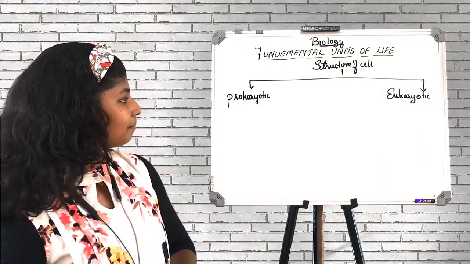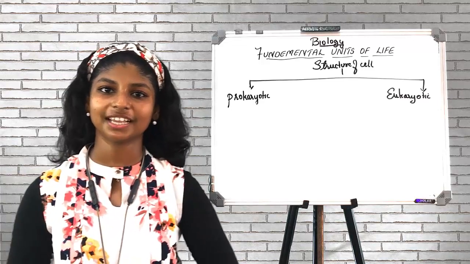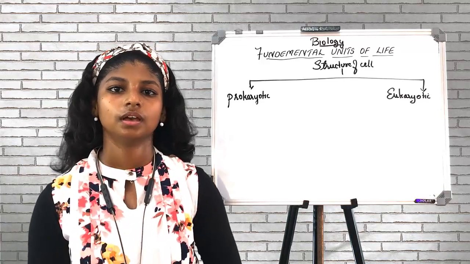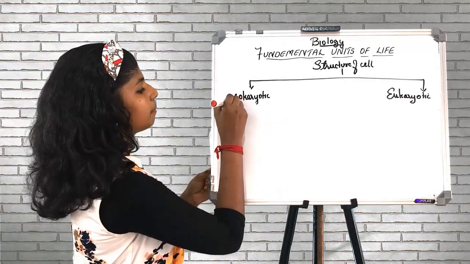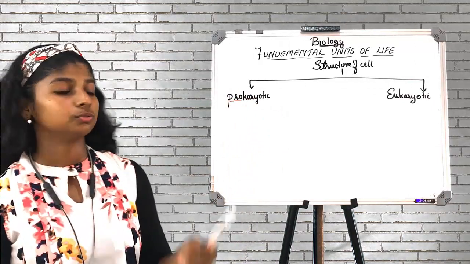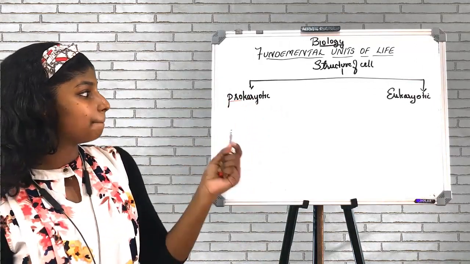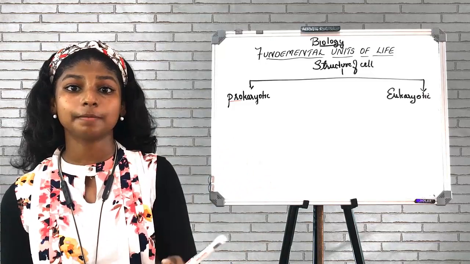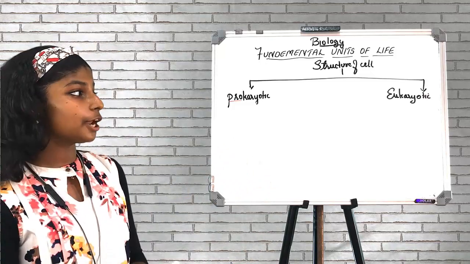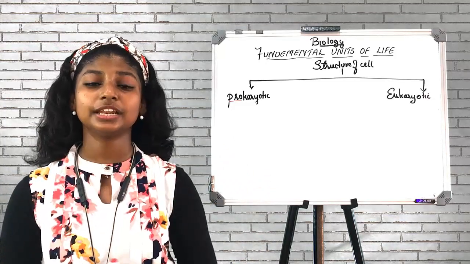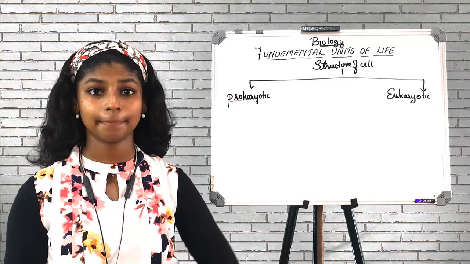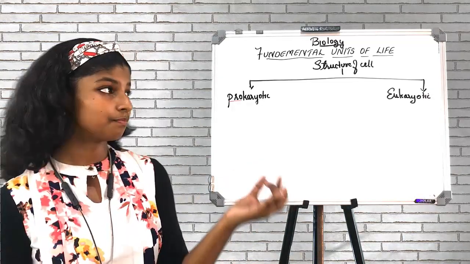What do you mean by the term prokaryotic? Pro means primitive. A prokaryotic cell is seen in unicellular organisms, especially in amoeba.